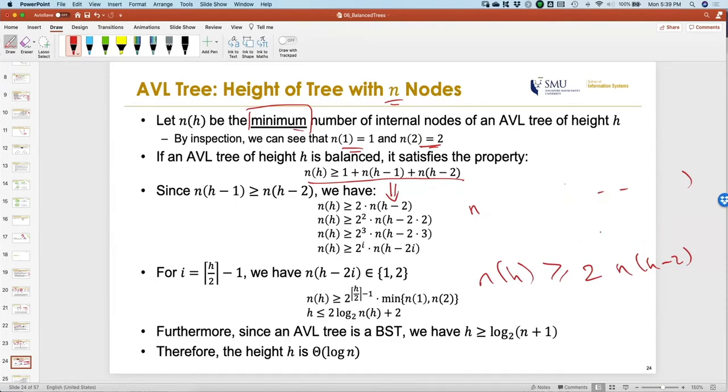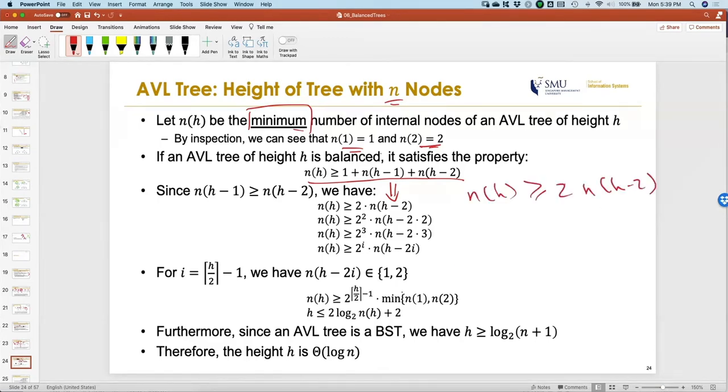All right, now let's take that step. We are here now, and we see that nh must be greater than 2 times nh minus 2. Now, in this particular equation, I can substitute the h with some other h. Suppose that instead of nh, I want to use nh minus 2.